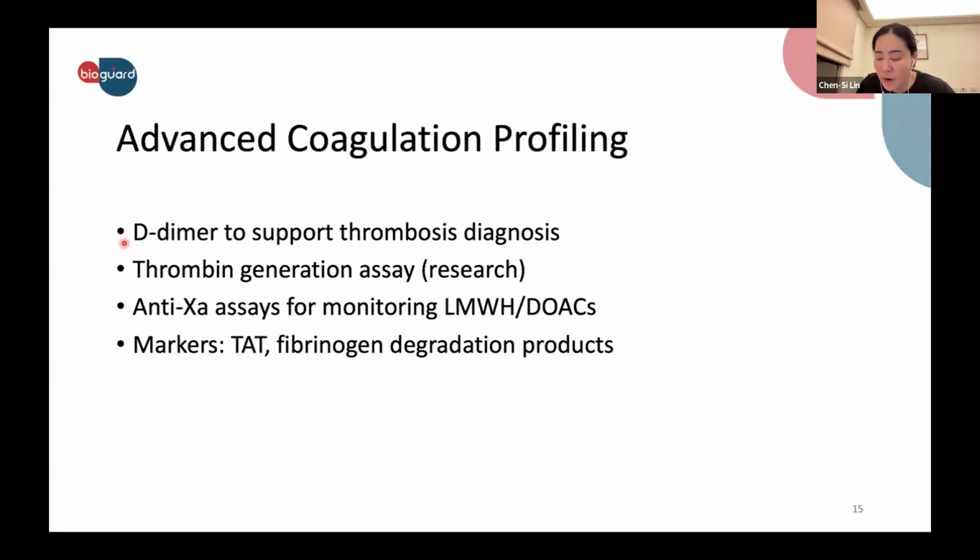There are still some markers such as TAT, which stands for thrombin-antithrombin complex, as well as fibrinogen degradation products.